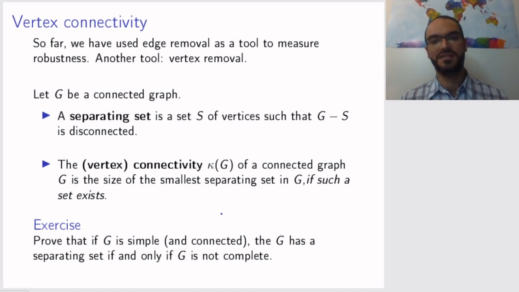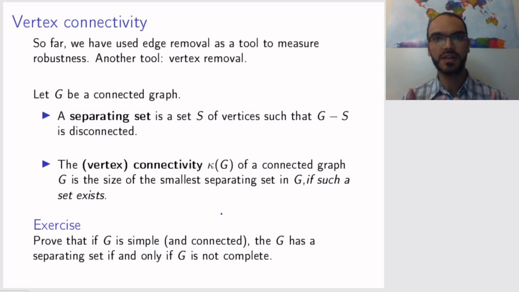And in fact, you can prove, and this is a fun exercise that I want you to think about why this is the case, prove that if you have a simple connected graph, then the graph has a separating set if and only if it isn't a complete graph. So complete graphs are somehow the only ones that do not have separating sets.